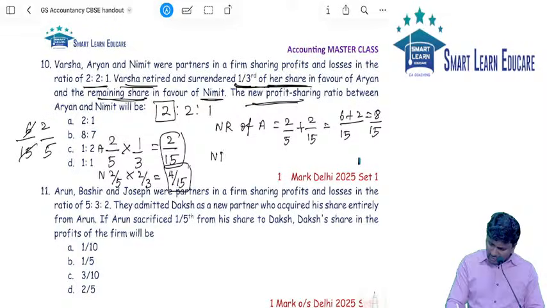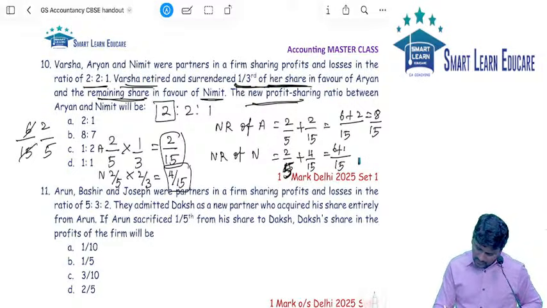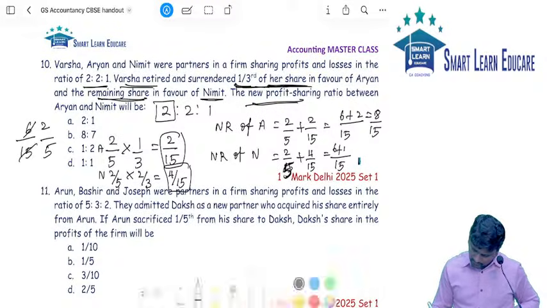Similarly, what is the new ratio of N? N's new ratio is 2/5 plus 4/15. Wait, I made some mistake.